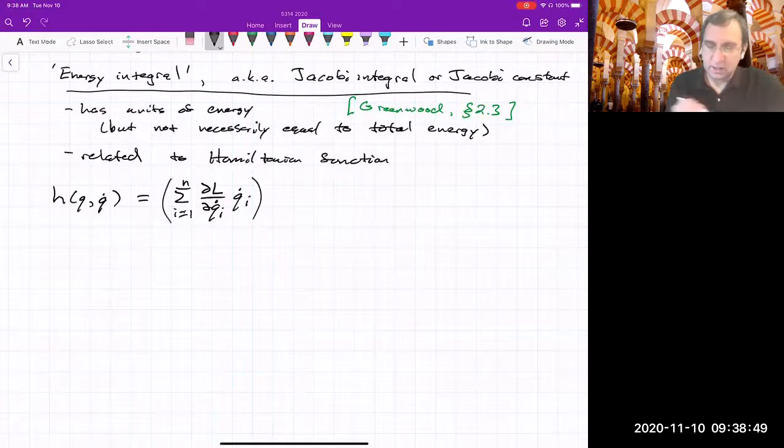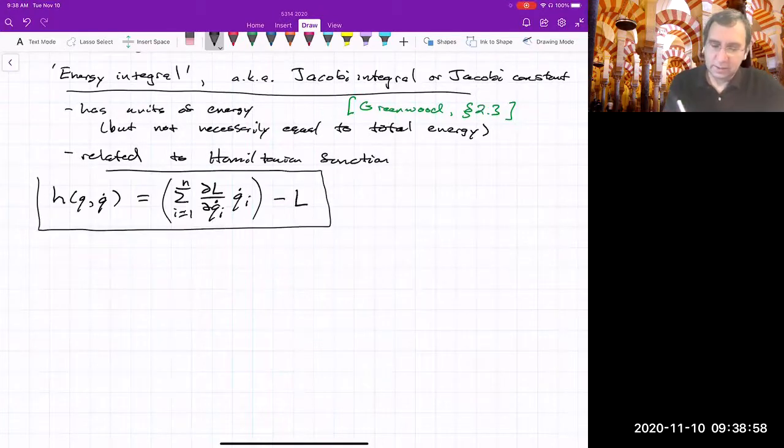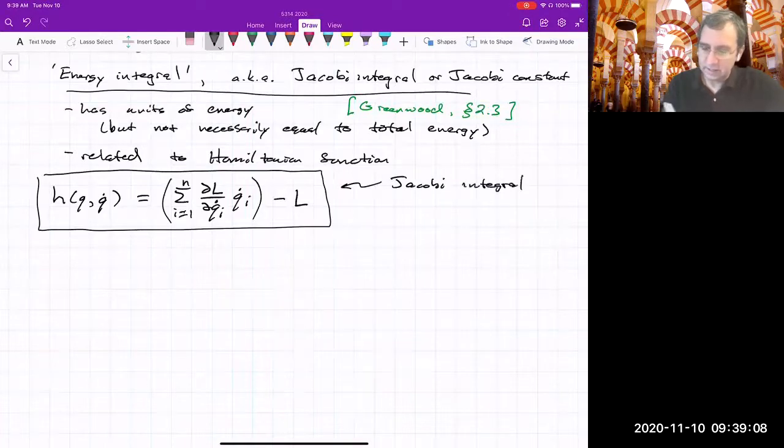So you take that sum, and then you subtract L. So it's related to the Lagrangian, and this is called the Jacobi function, or Jacobi integral, Jacobi constant. It's just a scalar function of where you are in phase space. And it's a constant of the motion under certain criteria.